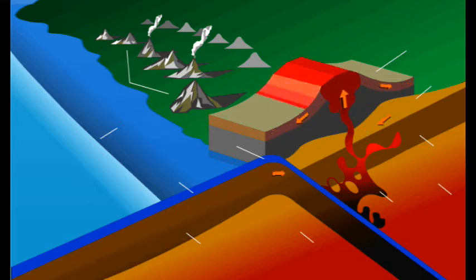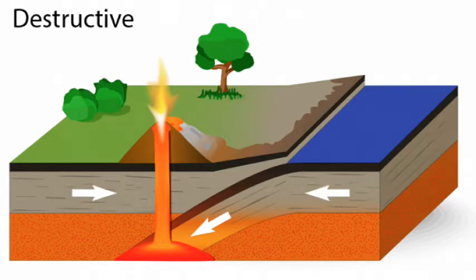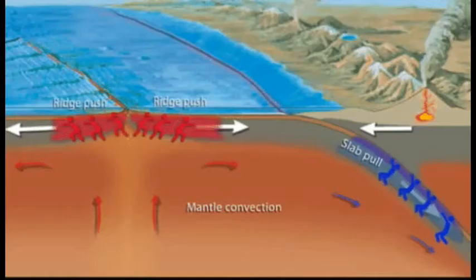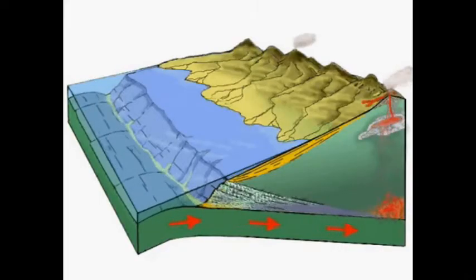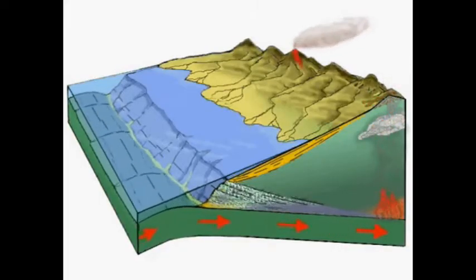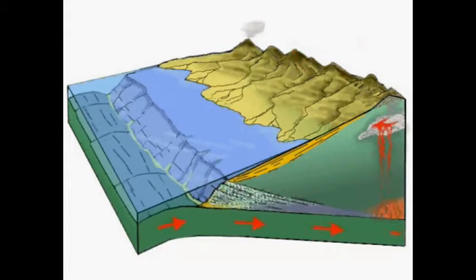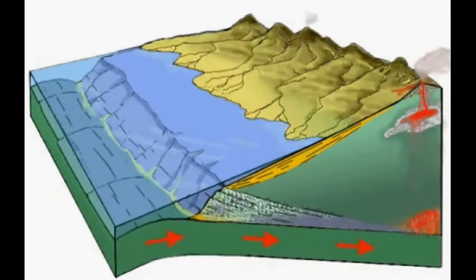Now, if those volcanoes are on the edge of a continent, that is due to what we call subduction, where oceanic crust is coming toward continental crust. Now, oceanic crust is denser, so as those two plates come together, the oceanic crust is going to sink below the continental crust because oceanic crust is denser, continental crust is less dense.